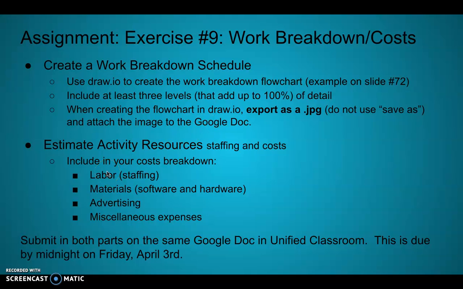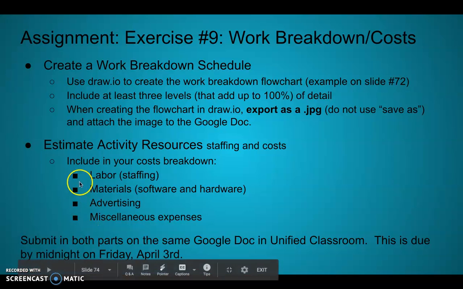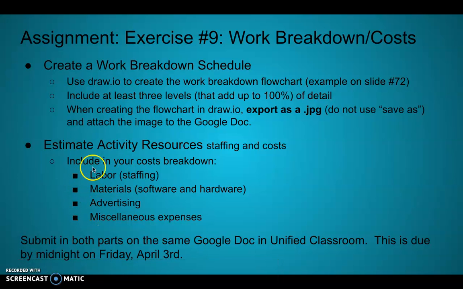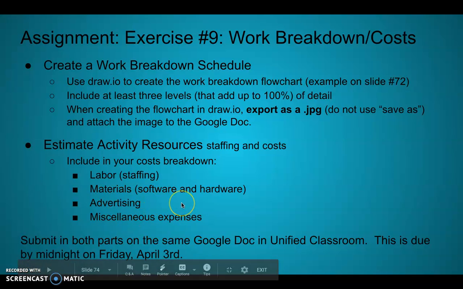Also in the same Google Doc, you're going to give me a cost breakdown, and I want at least these 4 categories. Your labor cost, staffing, who's on your staff, who's working on this project for you. A materials cost, any cost in software and hardware. Any advertising or promotional cost, then anything else miscellaneous that you might want to add in there.